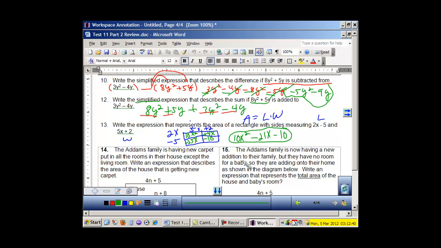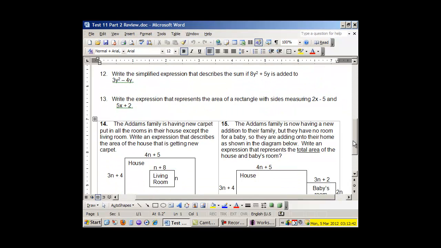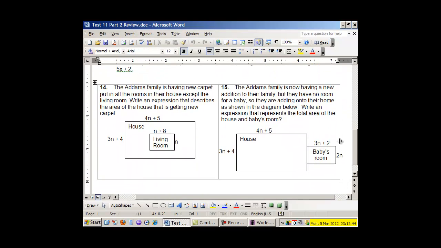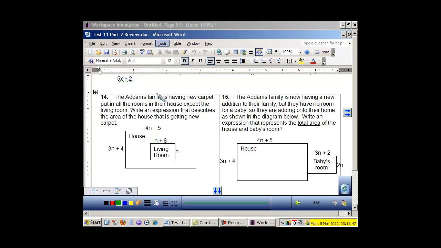Okay, let's move down. The Addams family is having new carpet in the room, so I got to accept, which means subtract, the living room. Okay? Write an expression that describes the area of the house that is getting the new carpet. Well, again, we're doing area, so that's length times width, and all we're going to do is take the large one and subtract the small one from it.